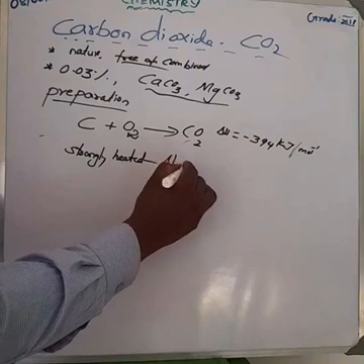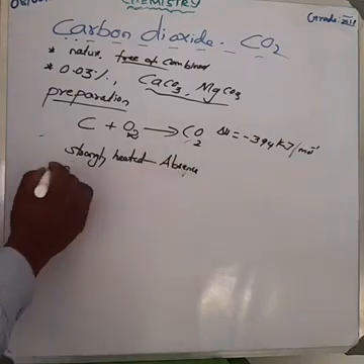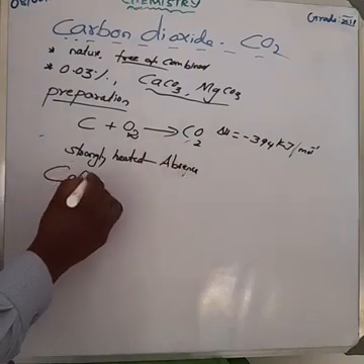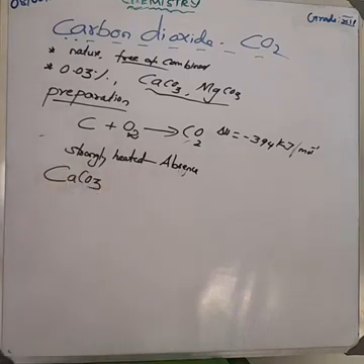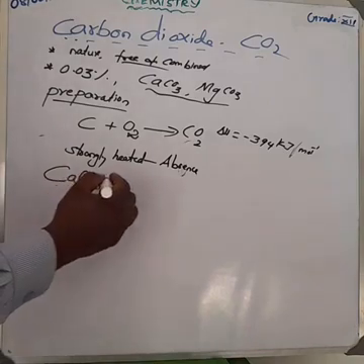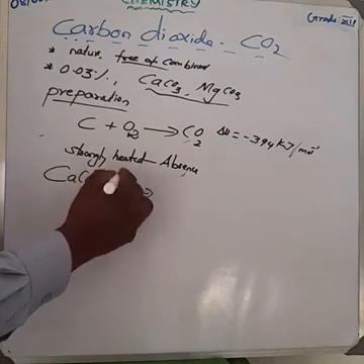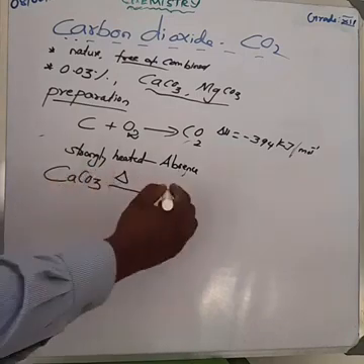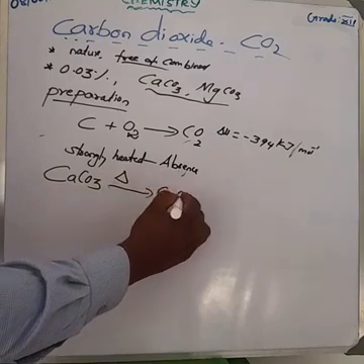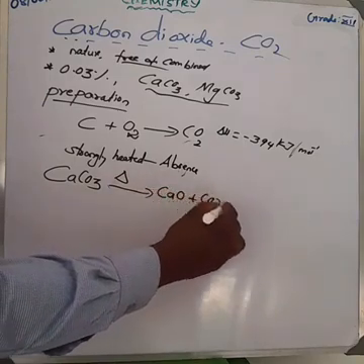I am taking one ore called calcite. Calcite means calcium carbonate, CaCO3. On strong heating, calcium carbonate gives calcium oxide and also carbon dioxide gas. This is one of the methods.